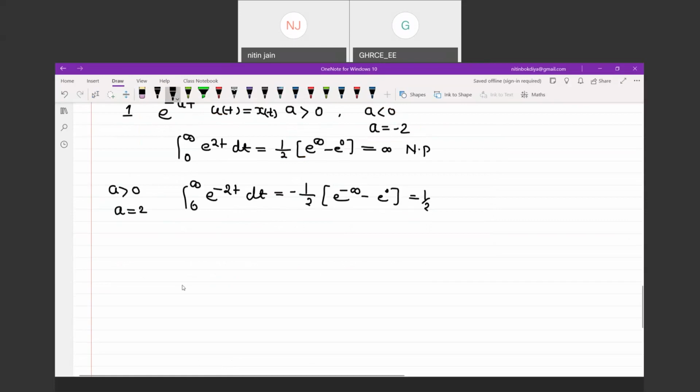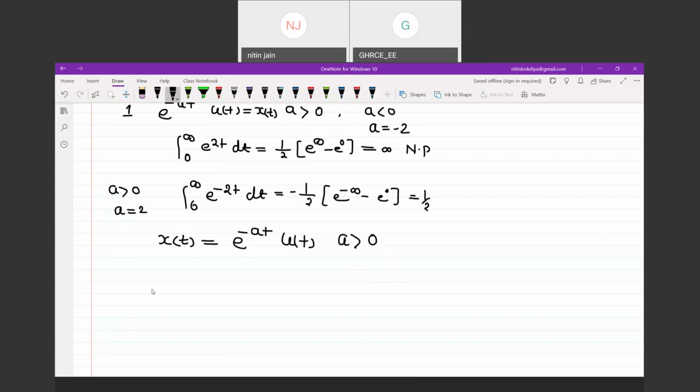Let's move ahead. So x of t is e to the power minus a t into u of t, and for a greater than 0 the Fourier transform is possible for this function only.